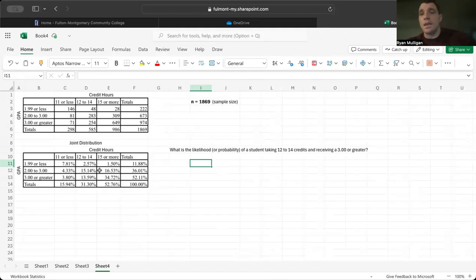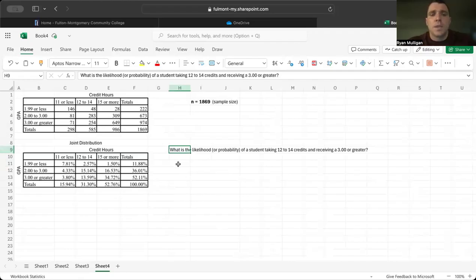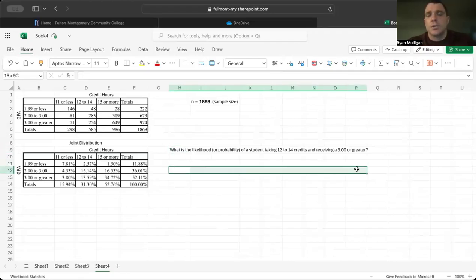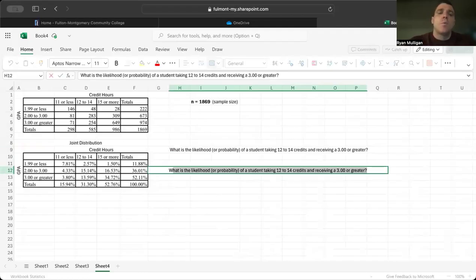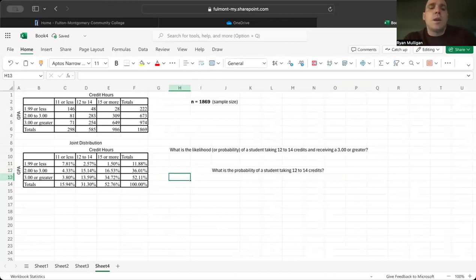If I don't use the word and, like for example, let's say I ask the question, and I'm getting a little bit ahead of myself, but I'll answer this question and then this one at the same time. What is the probability of a student taking 12 to 14 credits? So now what I've done is I've changed these two probabilities.